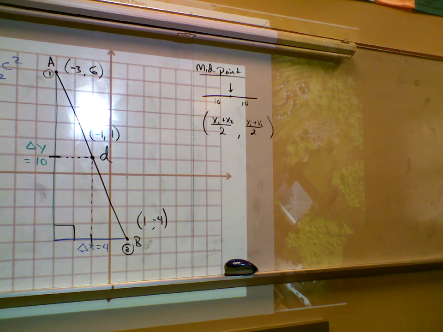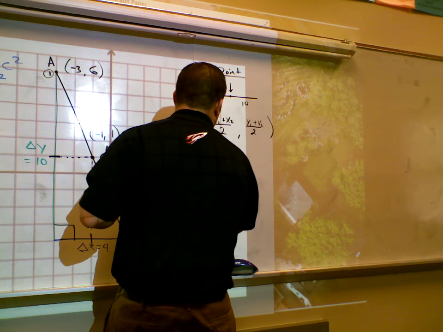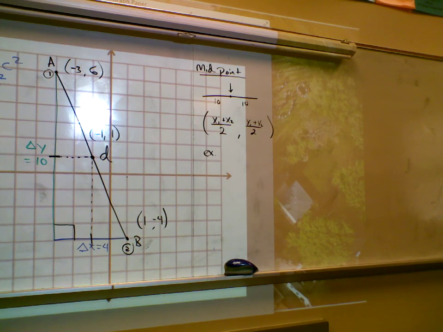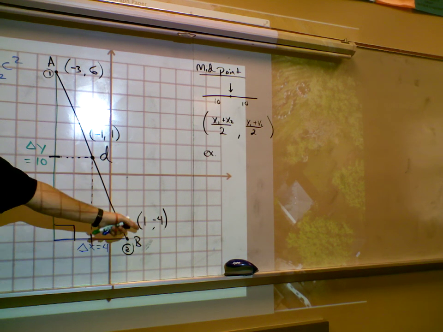Okay? So if I want to use this one, for example, I didn't draw my picture. Instead, I want to use my equation. x1 is still -3. x2 is still 1.